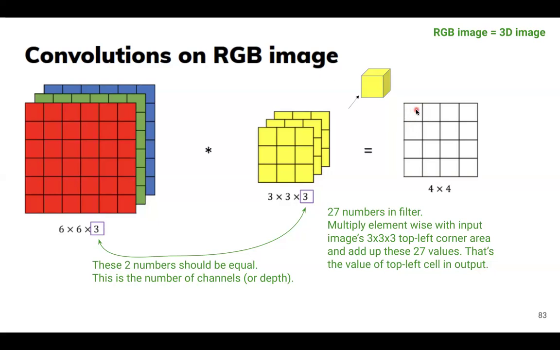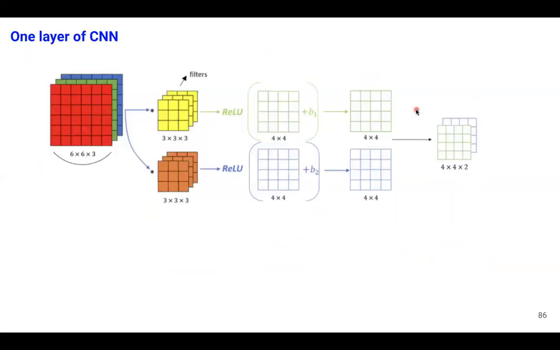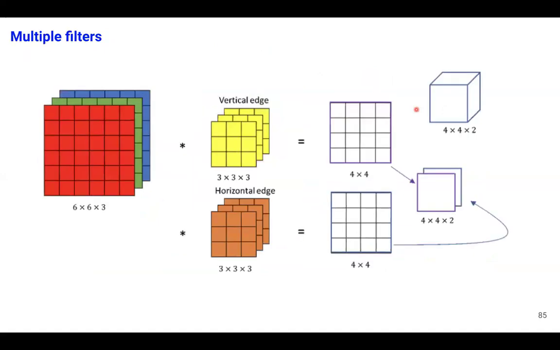Ma'am, if we use a general filter, not vertical or horizontal, where all the elements in the filter are non-zero, then we don't need to use two types of filter, right? It will learn everything. So generally what we have seen is that we need to use multiple filters, because each filter has essentially only 9 parameters, since they are repeated 3 times.